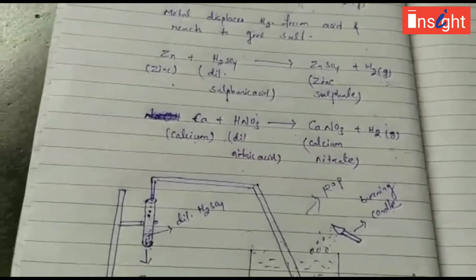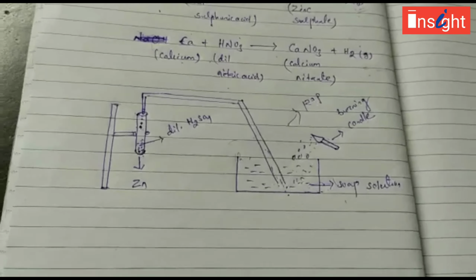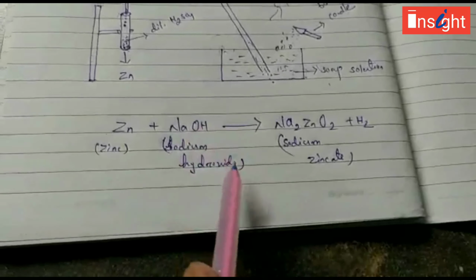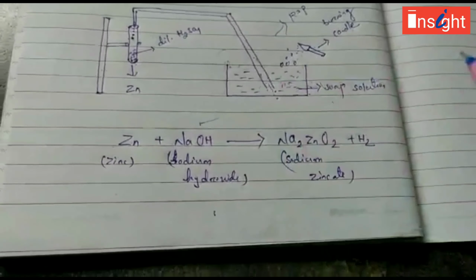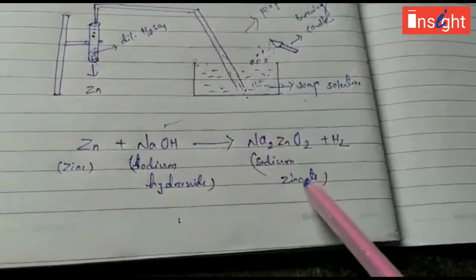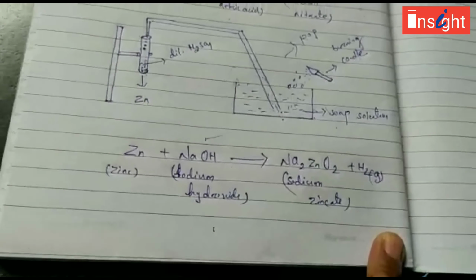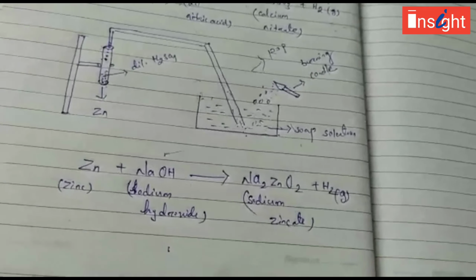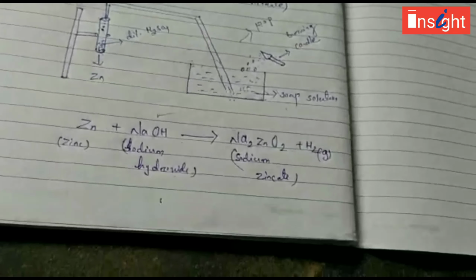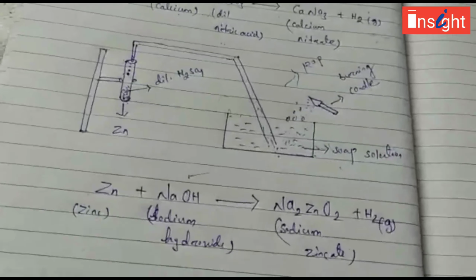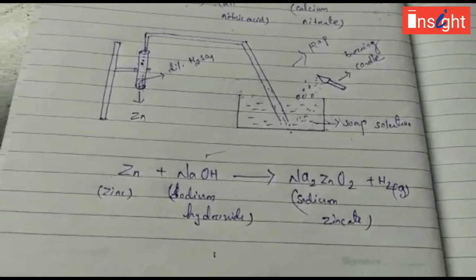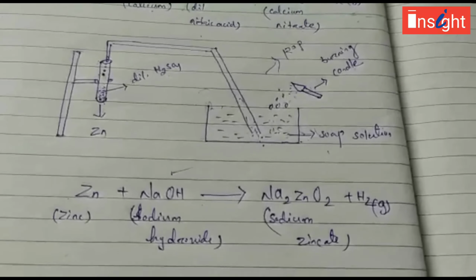gas. Similarly, for a base you can write zinc plus sodium hydroxide, which is a base. It will give a salt, sodium zincate, with the release of hydrogen gas. So all the metals don't react, only a few metals react, but when acids react with metals, they produce hydrogen gas.